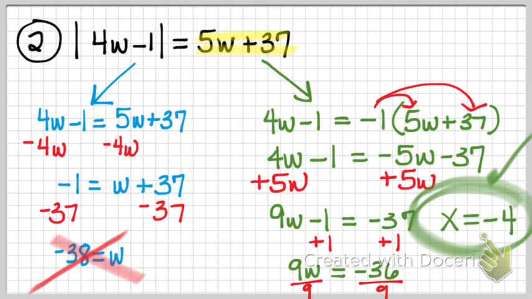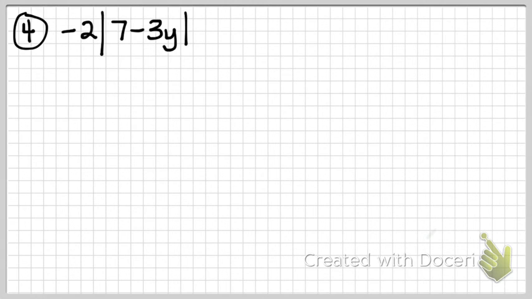All right. Leave yourself some space for number 3. Let's start number 4. Number 4 says negative 2 times the absolute value of 7 minus 3y minus 6 equals 14.